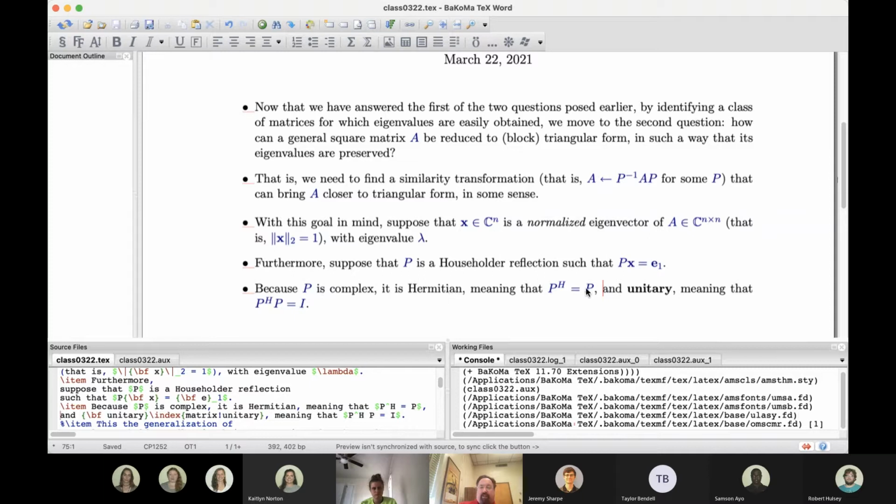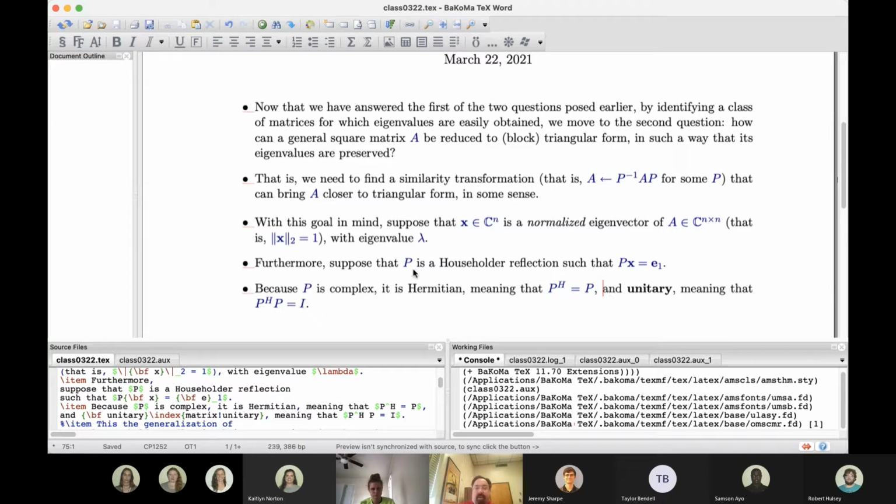So P transpose equals P, it's symmetric. P^H equals P is Hermitian, which is how things involving symmetry for real matrices normally generalize to complex matrices. And it is a unitary matrix. When P is real, we say orthogonal: P transpose P is identity. To generalize in the most appropriate way to the complex case, we say P^H times P is identity, and we say P is unitary.